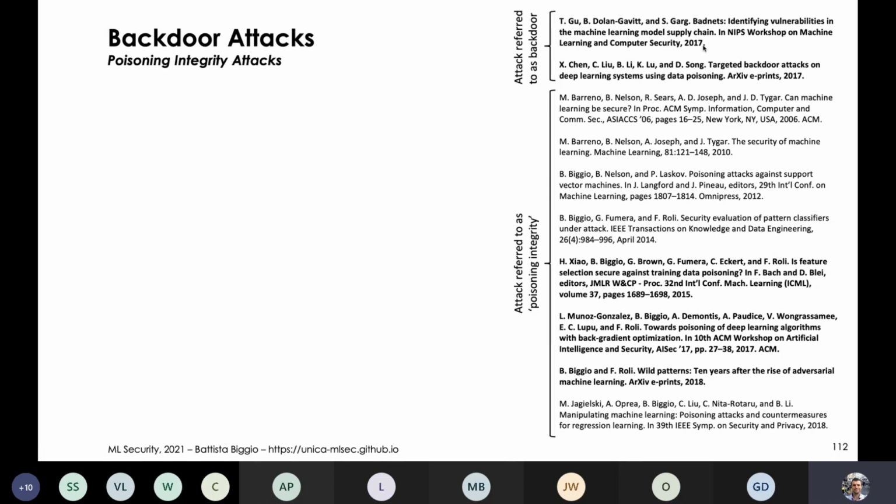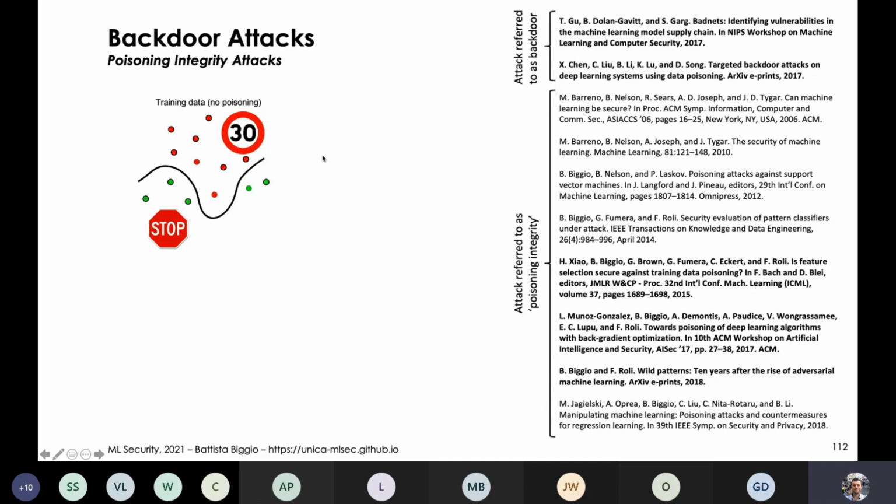Now, what is a backdoor attack? I try to exemplify the concept here in a simplified conceptual representation. Assume that you have a system that classifies traffic signs. This is just an example where you have stop signs, which are these green dots, and speed limit signs, which are the red dots. You can imagine this as a view in the feature space of some deep neural network. Now, the idea of backdoor attacks is that the attacker can compromise the training data, and we'll see in which cases this is possible.